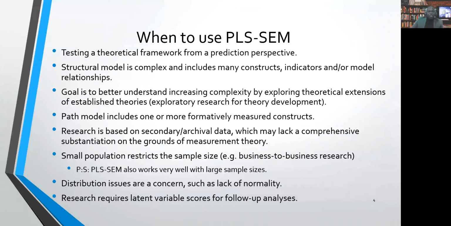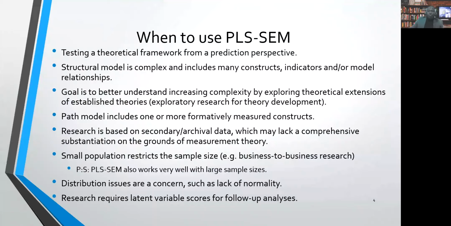When the population is small, you can use SEM. Later on in the discussion, we'll look at the required sample size in order for you to conduct SEM. So when the sample size is small and you want to establish a complex relationship, you use SEM. That being said, you can also use SEM for large data sets or large sample sizes.